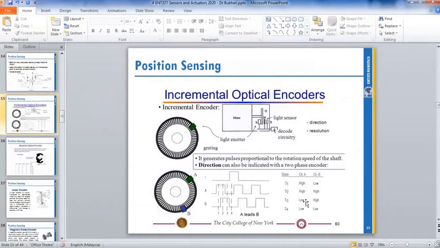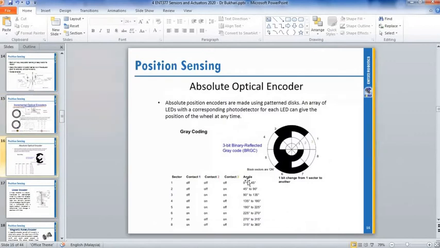Compared to this, you know that your position is, for example, at 001 or maybe 011. 011 is here, so you know that your position is at 90 to 135 degrees. So you turn off your robot and turn it back on, and the robot will automatically know your position. This we call an absolute optical encoder.